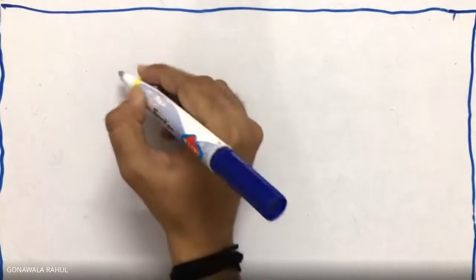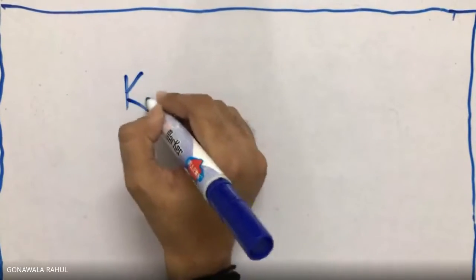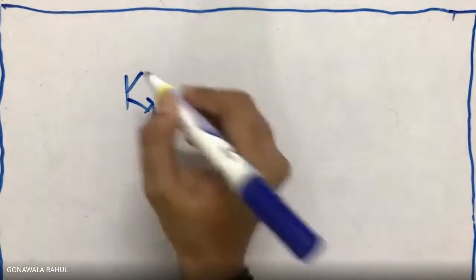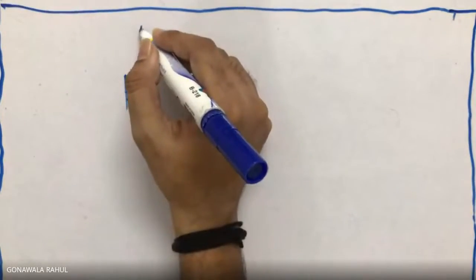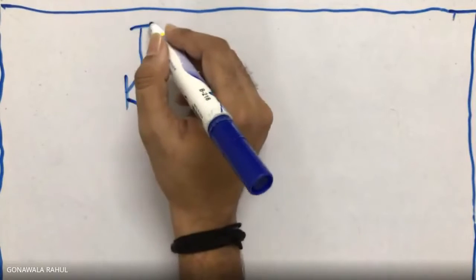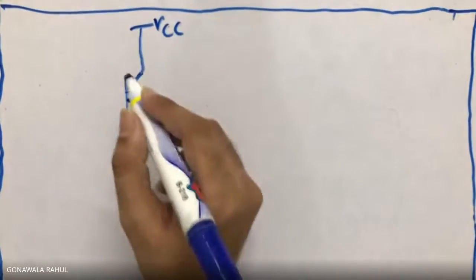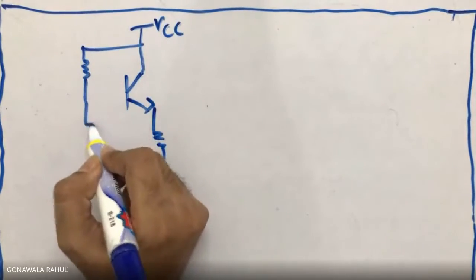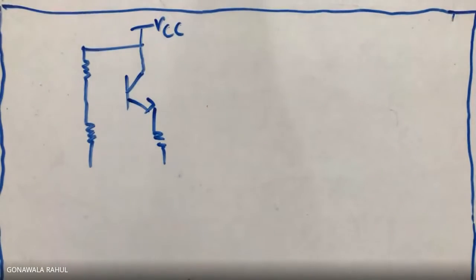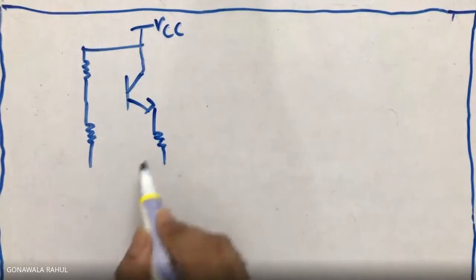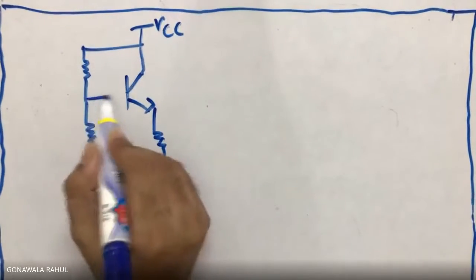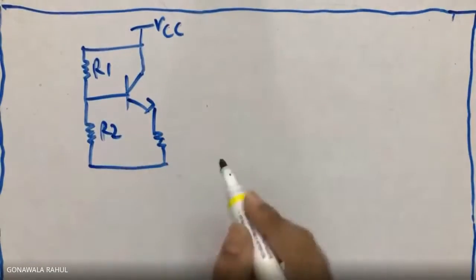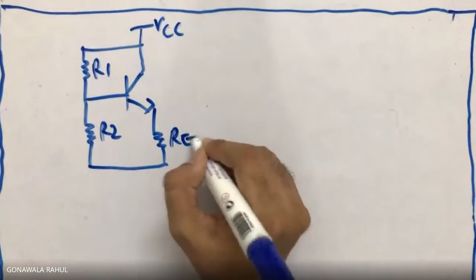So the common collector amplifier I will draw. This is R1, this is R2, this is RE.